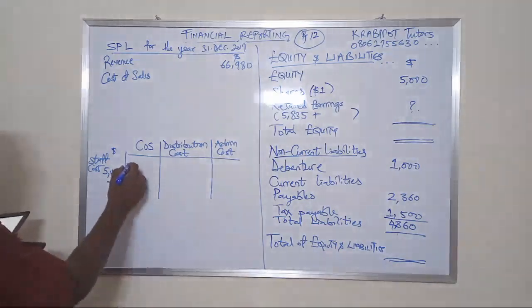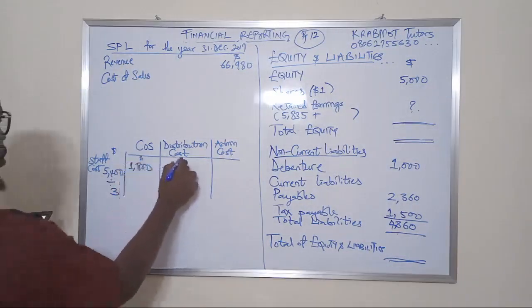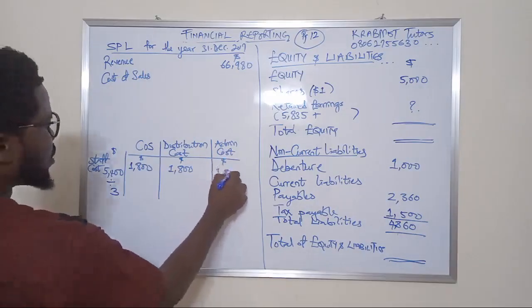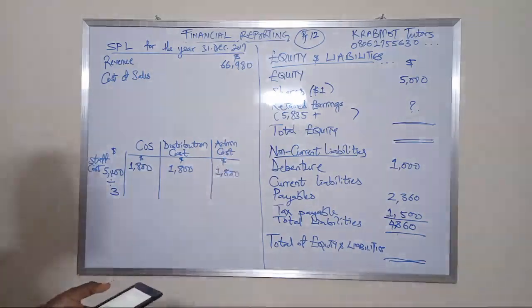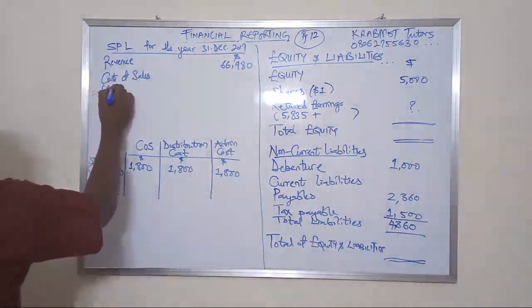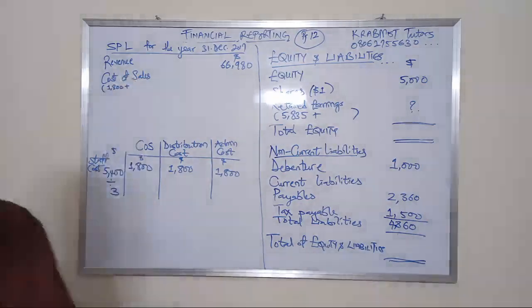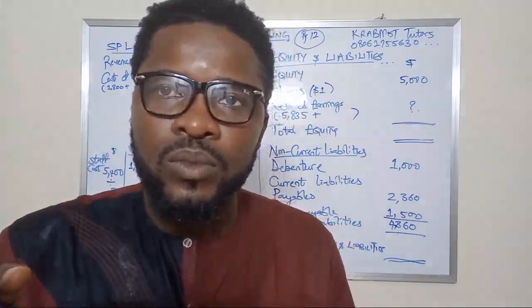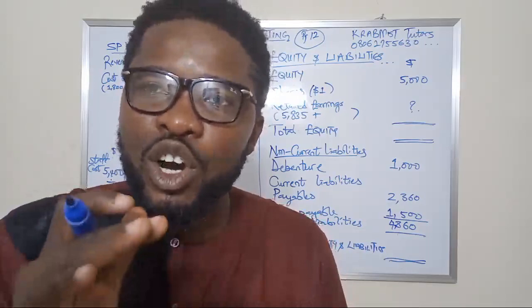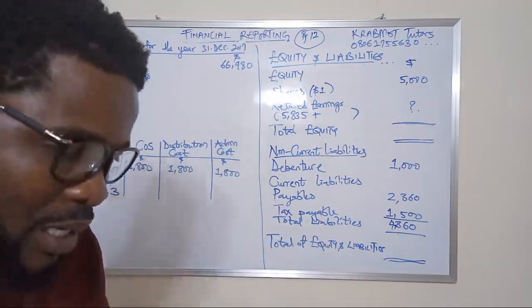This is $1,800. So take note. So we'll come here and we'll put 1,800 plus. That's staff cost.